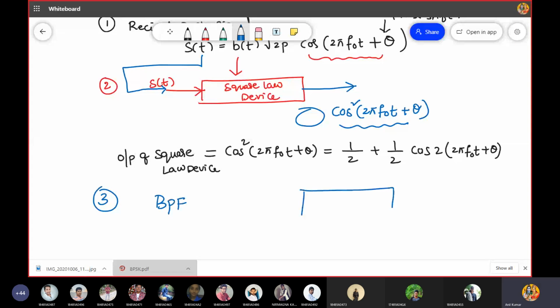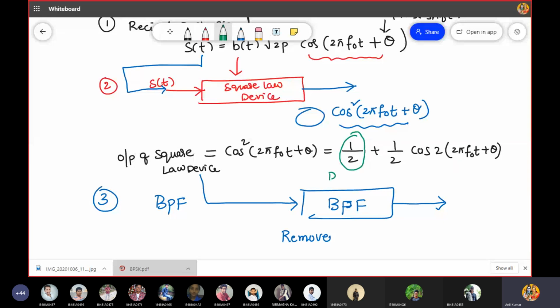The square law output is given as input to the band pass filter, and the band pass filter will remove the DC component, or DC term.